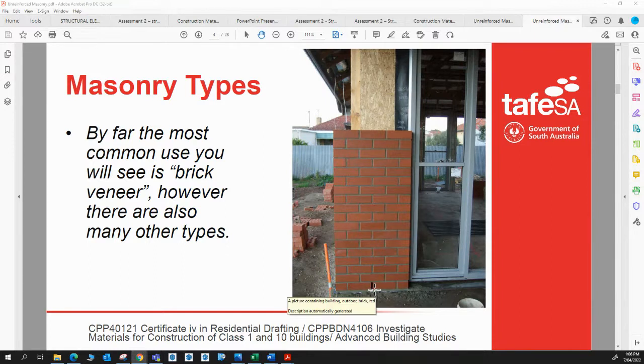Now, for those of you that did the construction methods yesterday with the external claddings, we had that discussion about the fact that moisture does make its way into walls, and we always have to ensure that moisture can make its way back out again. So that's what these weep holes are in the brickwork, approximately every 5th brick, to allow that to exit the wall cavity.